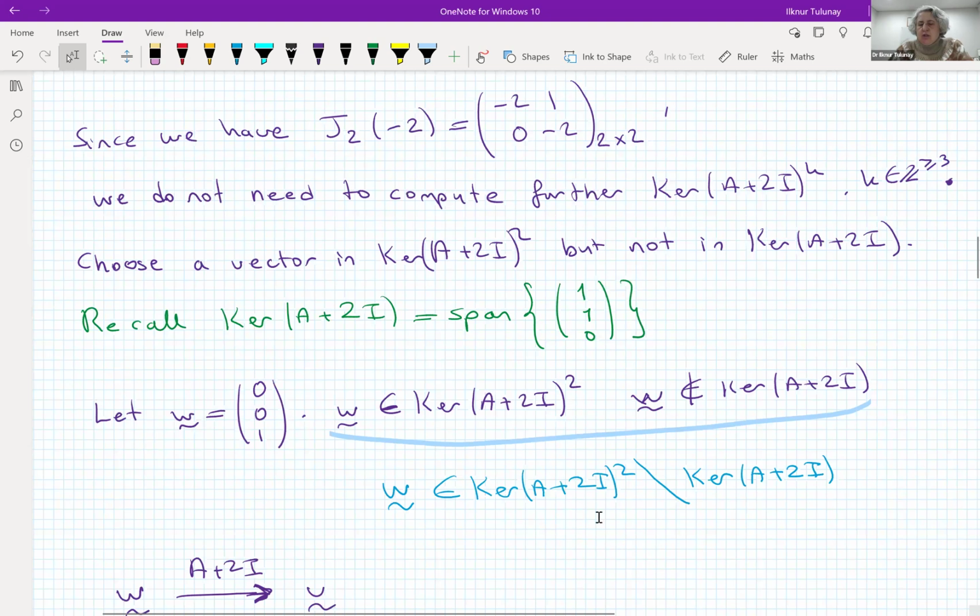This is a notation. I'm pretty sure this notation has been introduced to you in many other places, but you may not be aware of it. This notation means that W is inside here, but not in that space, so we denote it with the backslash. The slash means this element is inside this space, but not in that space. This is a very common notation.